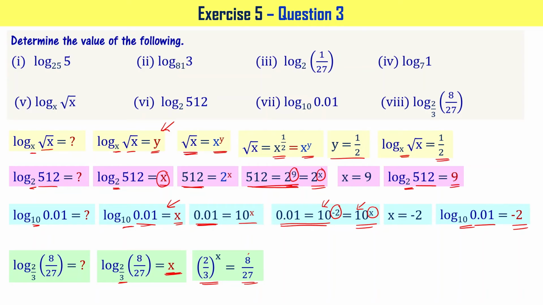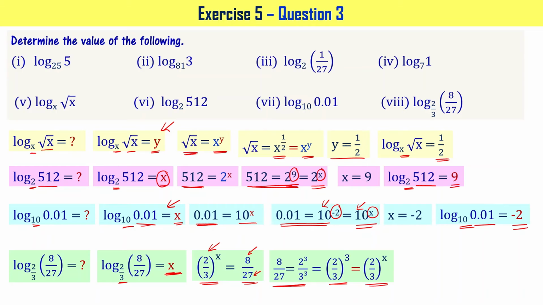I can write 8 as 2 power 3 and 27 as 3 cube, right? Let me write that. 8 by 27 equal to 2 cube by 3 cube. That can be written as 2 by 3 whole cube, right? That is equal to 2 by 3 whole power x. Look at this.